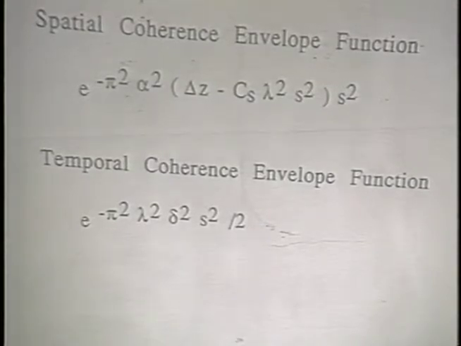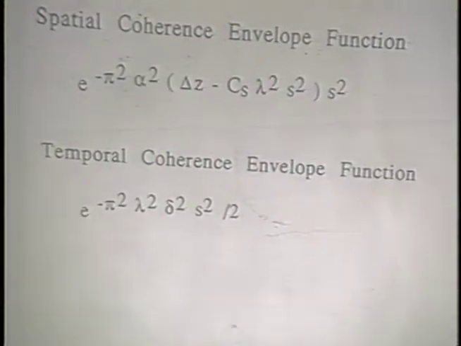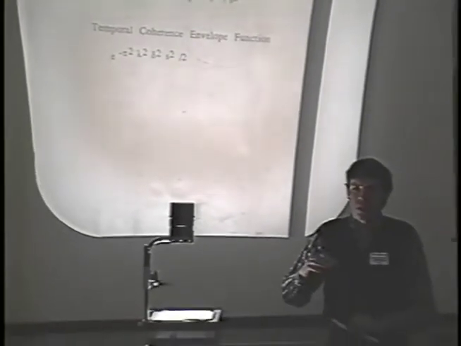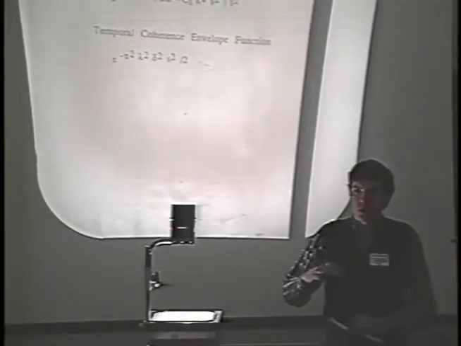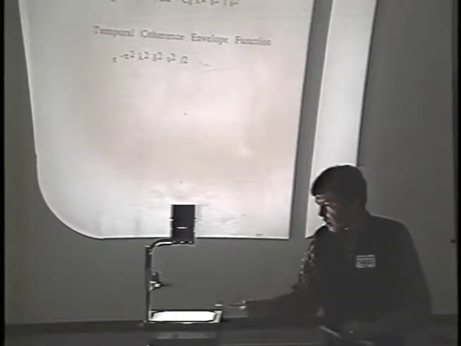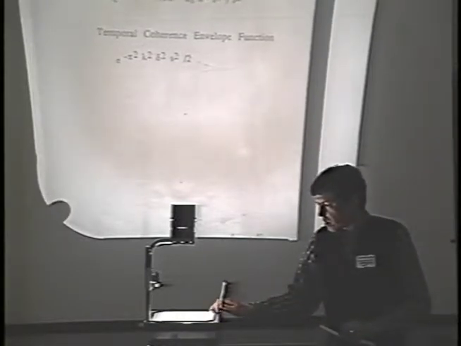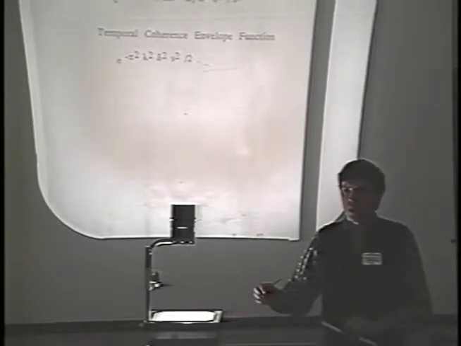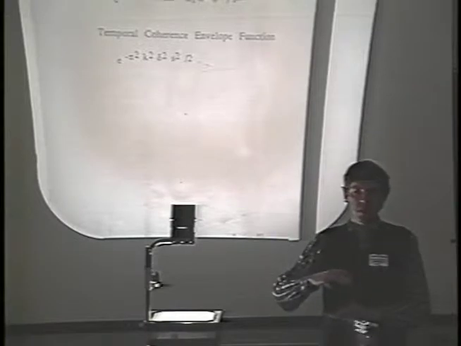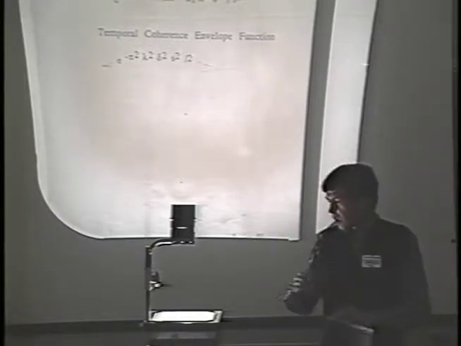essentially variations in focus of the image. Now, if you picture varying the objective lens, of course, the image will change focus. If you picture varying the high voltage, the image will also change focus. And the temporal coherence envelope function can be thought of as a function that incorporates all of the effects that cause the focus to vary.